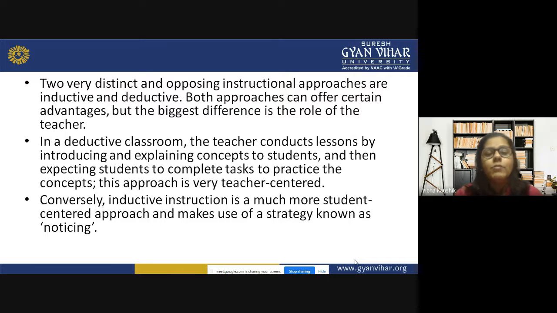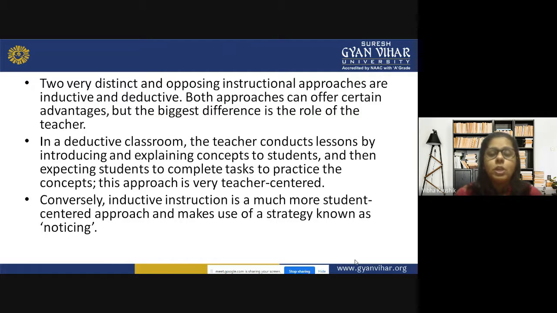In a deductive classroom, the teacher conducts lessons by introducing and explaining concepts to students.